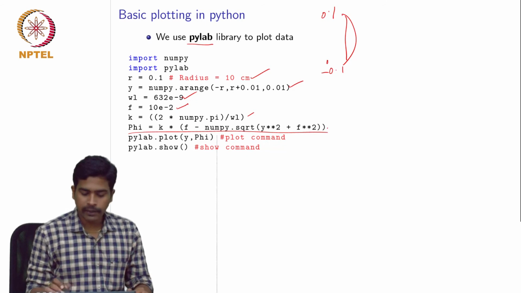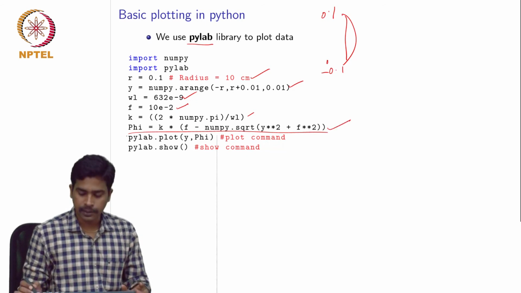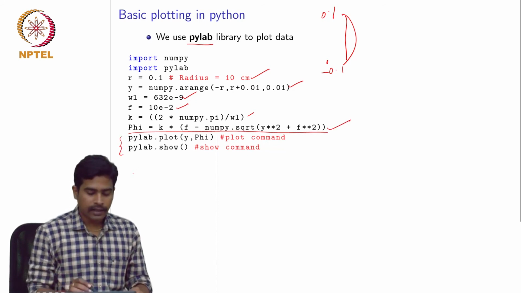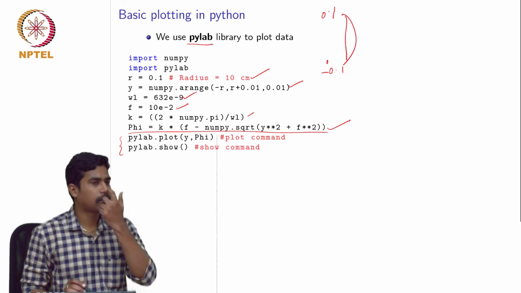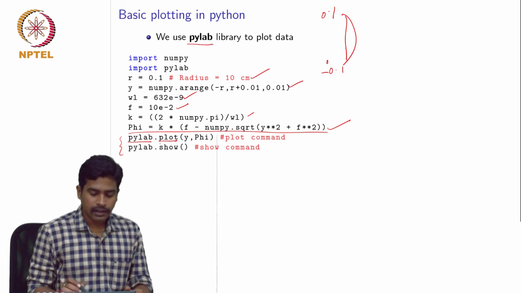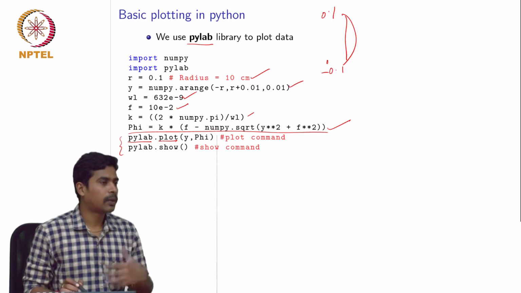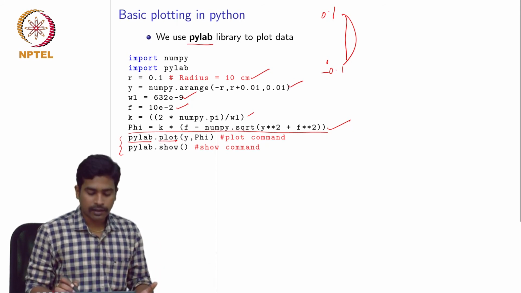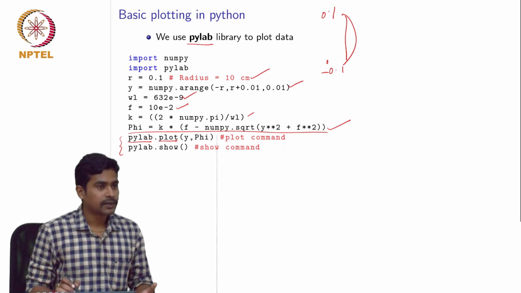And using NumPy, we can write the phase equation in just one expression. And these are the two main commands that we use to plot this data. Okay, so PyLab is the package that we are using, and plot is the command that will plot the data. For the plot command, we have to give both the x and y coordinates.